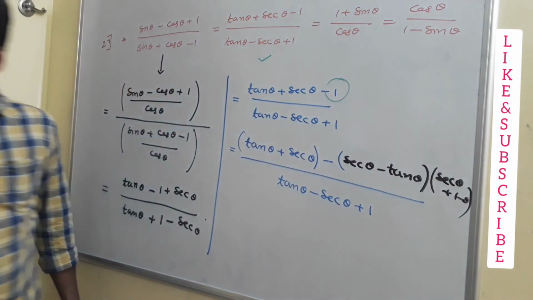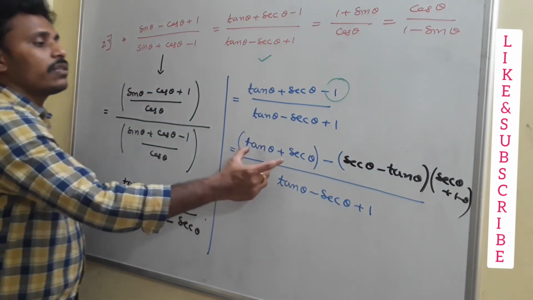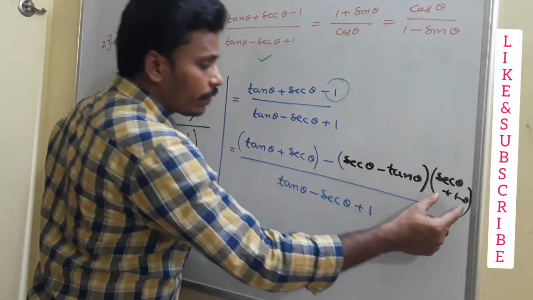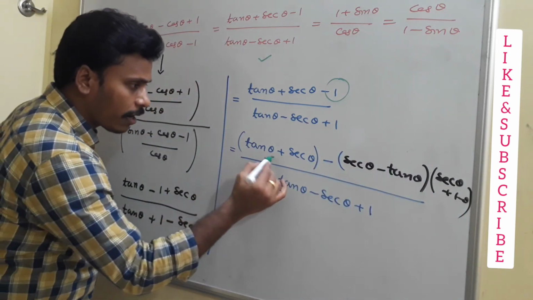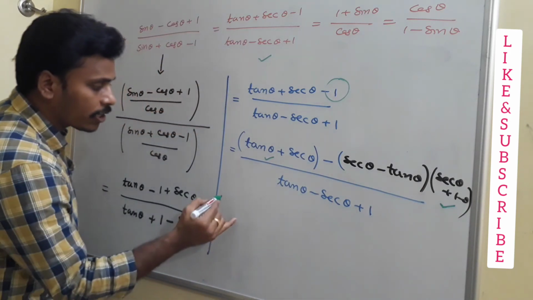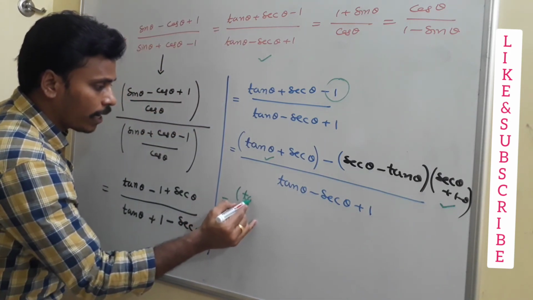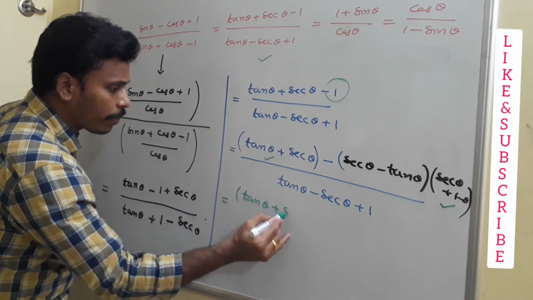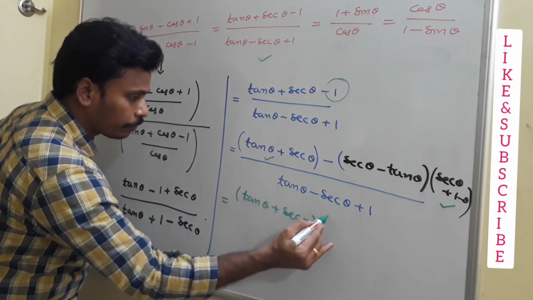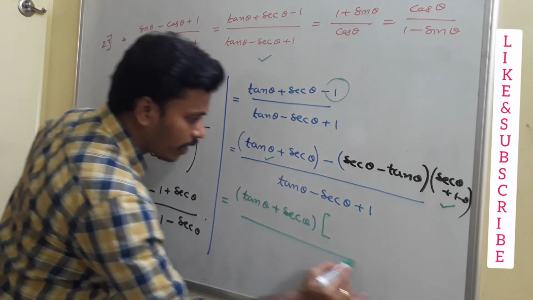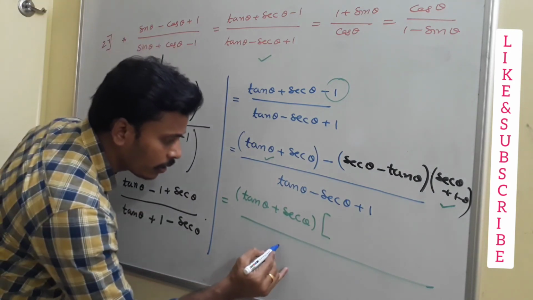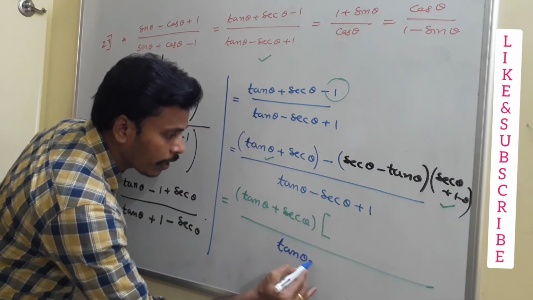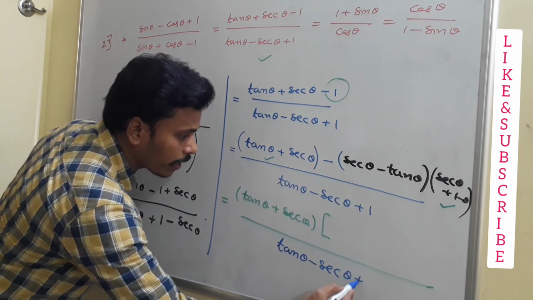And now here, look at the numerator. This is tan theta plus secant theta. This is also tan theta plus secant theta. You just look at this term as well as this term. I have a chance to common out those two. So the numerator is what? Tan theta plus secant theta is a common thing. And the denominator is the same, no change: tan theta minus secant theta plus 1.